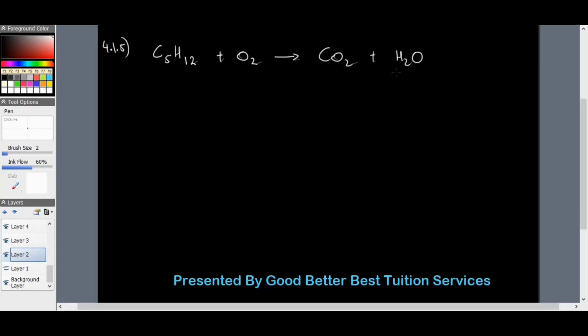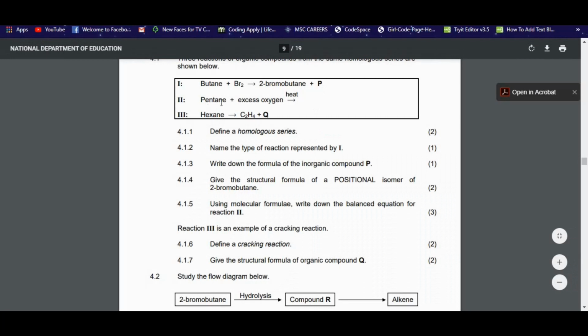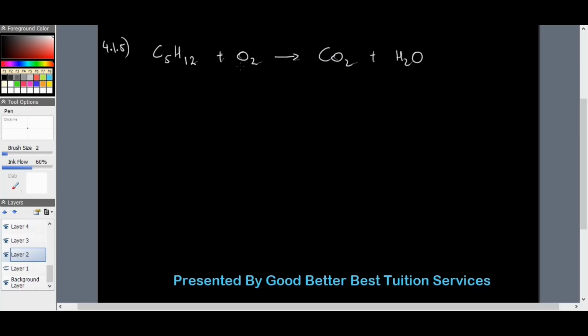Now we've got to balance out this equation. So pentane plus excess oxygen. Obviously heat is given off because it's combustion, and we get the products. So we've just got to balance the equation for this one. Let's have a look here. I've got 5 carbons here and 1 there, so if I put 5 there, that's 5 carbons.